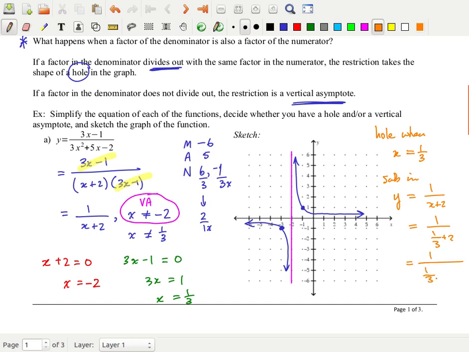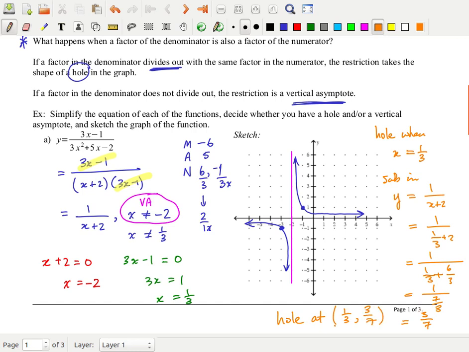Well, that's 1/3 plus, and then with a common denominator, 2 is the same as 6/3. So I end up with 1 over 7/3, which is the same as 3 over 7. And so that tells us that there is a hole at an x coordinate of a third and a y coordinate of 3 over 7.